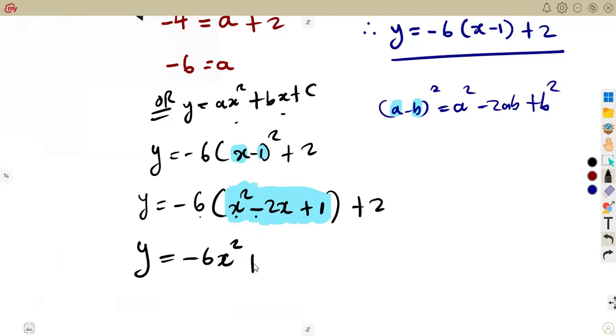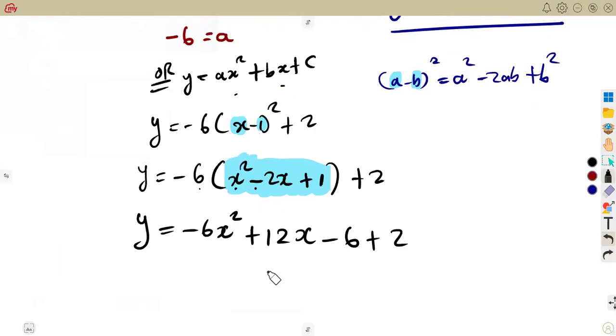Negative, negative, that's a positive 12x. Negative 6 times 1, that's negative 6, plus this 2 that is already given. So we are going to collect the like terms. So y is equal to minus 6x squared plus 12x minus 6 and positive 2, that was going to give us a minus 4. So that's it. We have got the equation.